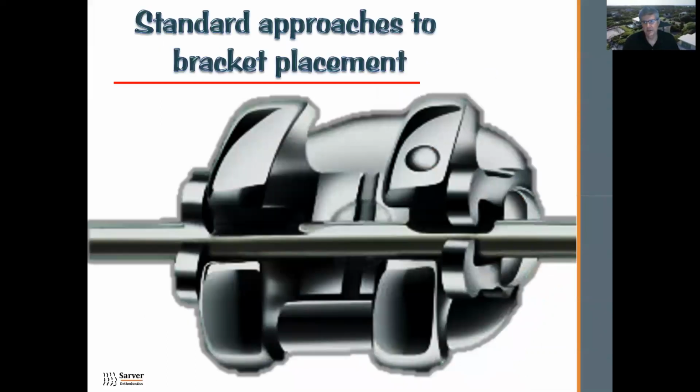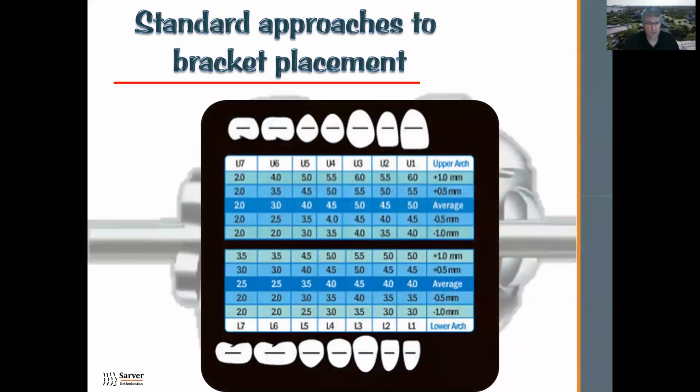Bracket placement is, of course, the number one thing. Standard approaches to bracket placement: we get all our systems, our prescriptions, and each one of them says the slot needs to be so many millimeters from the incisal edge or whatever.